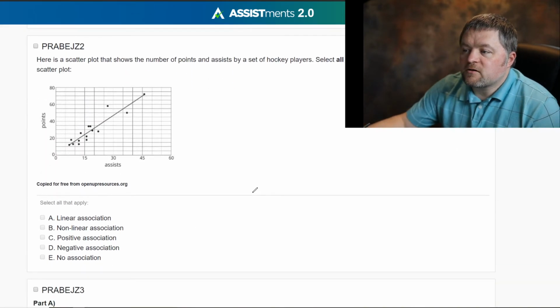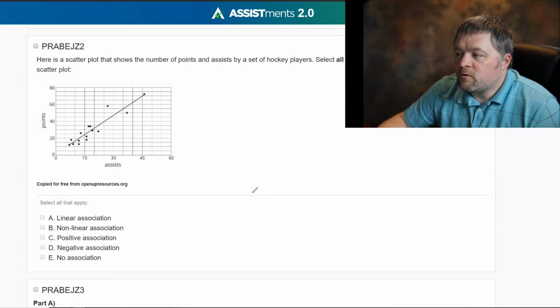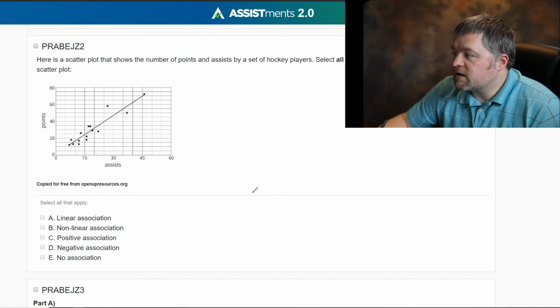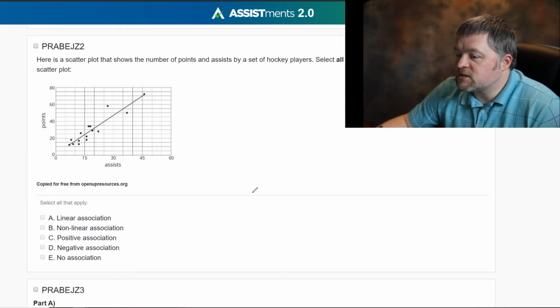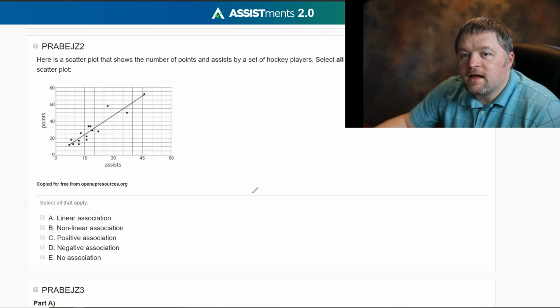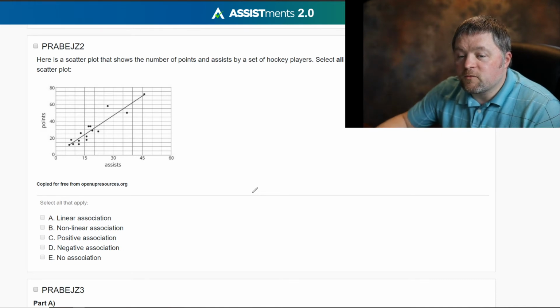Here's a scatter plot that shows the number of points and assists by a set of hockey players. Select all the following that describe the association of the scatter plot. Now, for the people in my math class right now, this is review of the unit that we skipped.